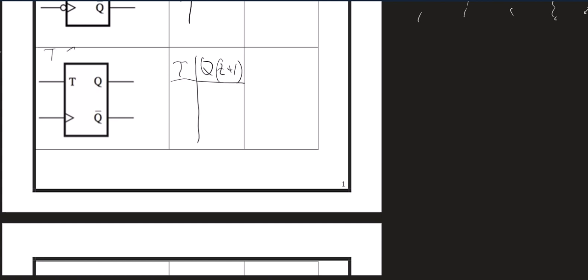so T flip-flop. What happens here is if T is 0, then Q of T plus 1 is Q of T. That just means it's unchanged. So it doesn't change. So if the input is 0, then the output just stays the same.